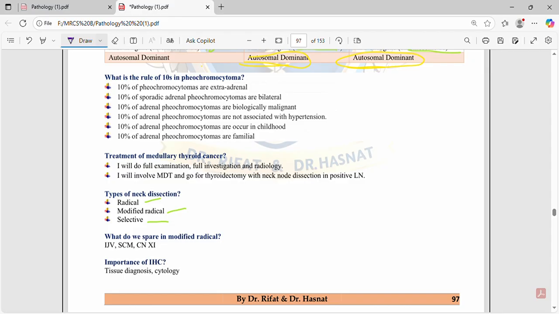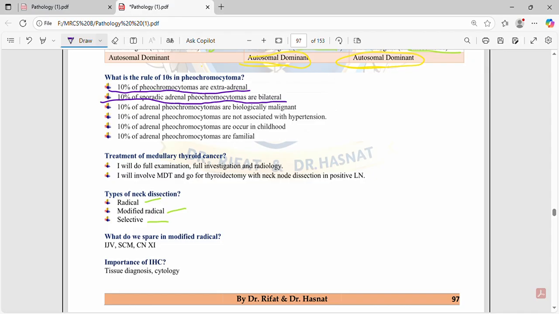Okay, so what is the role of the rule of 10s in pheochromocytoma? 10% will be extra-adrenal, 90% intra-adrenal. 10% are bilateral. 10% are sporadic, not familial as we discussed earlier.